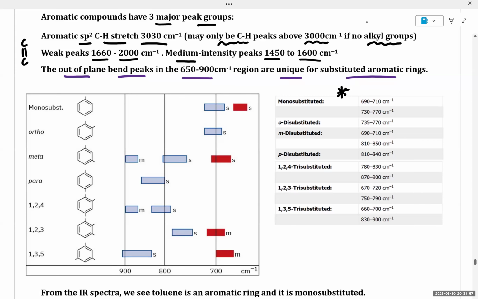In the event that you have to differentiate a set of aromatic compounds and the aromatic compounds have differences in substitution, you can actually differentiate aromatic compounds based on their substitution pattern using the out-of-plane bend peaks.